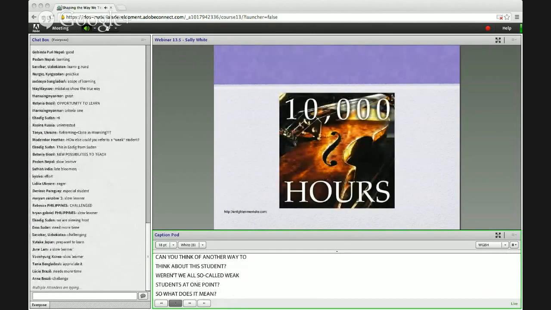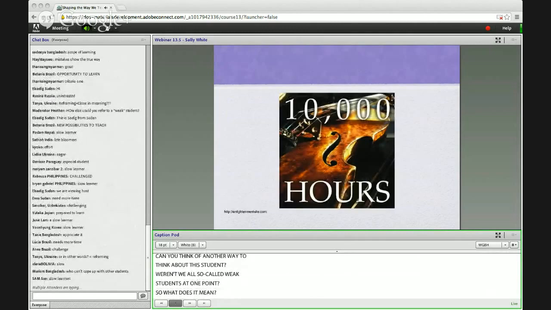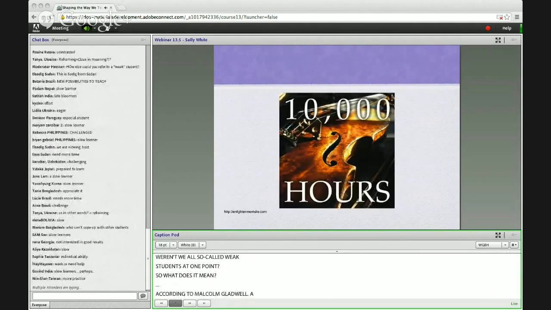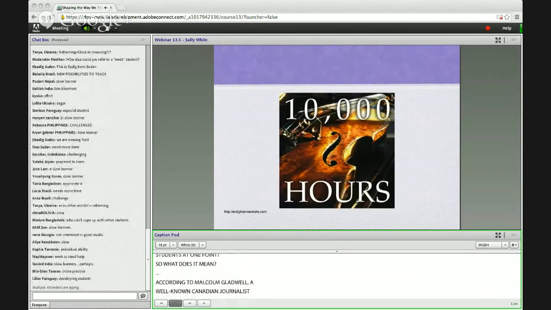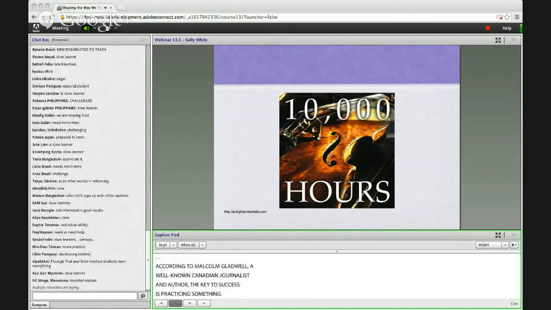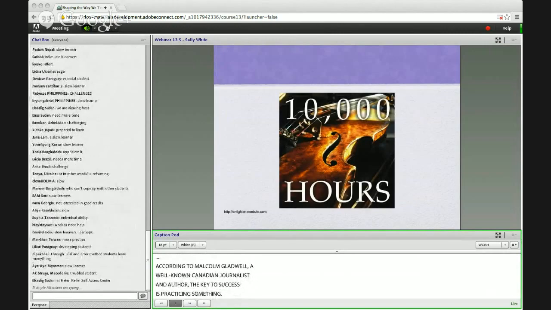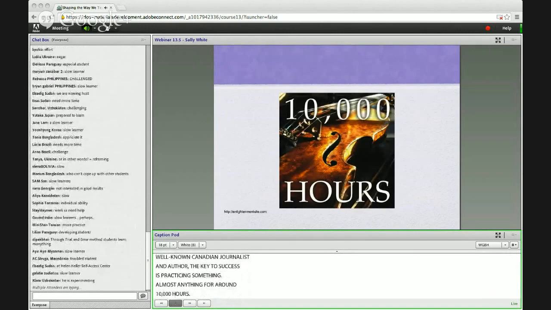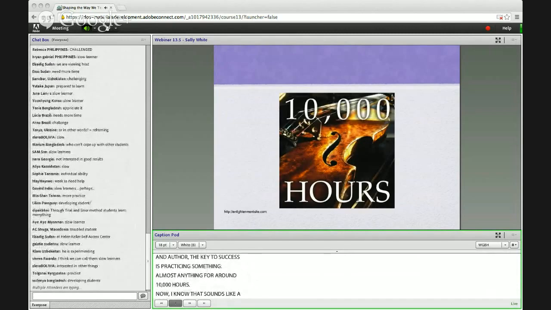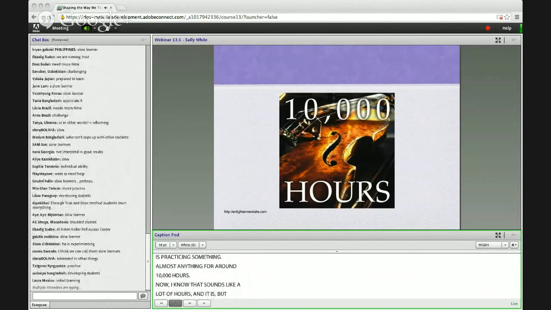According to Malcolm Gladwell, who is a well-known Canadian journalist and author, the key to success is practicing something, almost anything, for around 10,000 hours. Now, I know that sounds like a lot of hours, and it is, but keep in mind he's focusing on Olympic athletes, professional musicians, professional athletes.